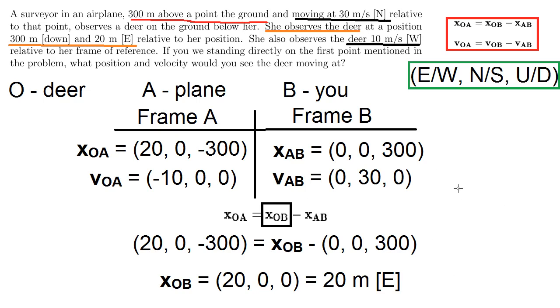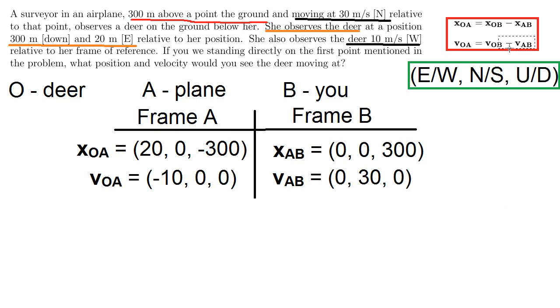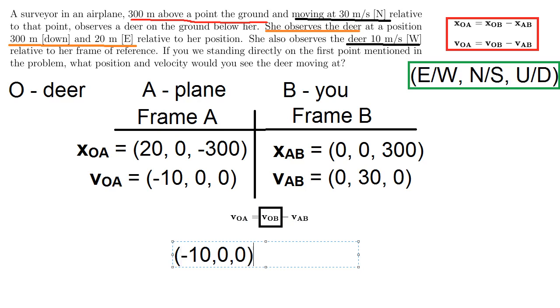Now, we can do the same thing to find the velocity. Again, we're looking for how we see the deer. So at the end of the day, we are looking for VOB, the deer as seen by the external observer. And we can follow the same process. VOA is -10, 0, 0.